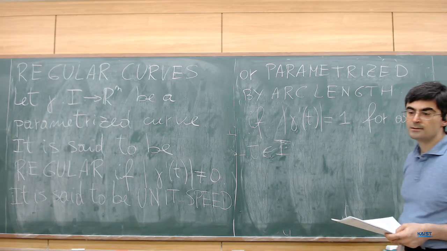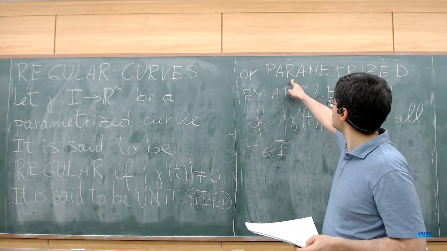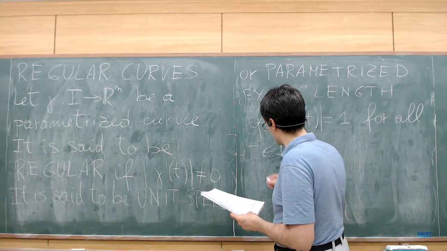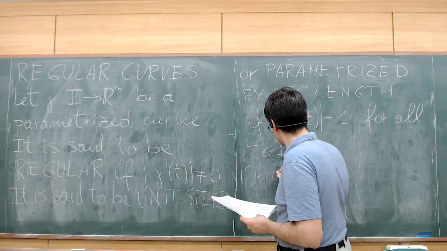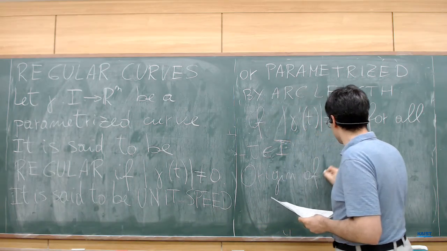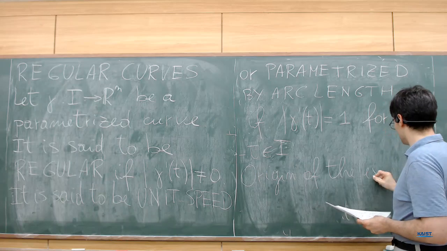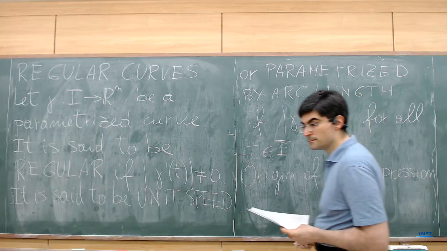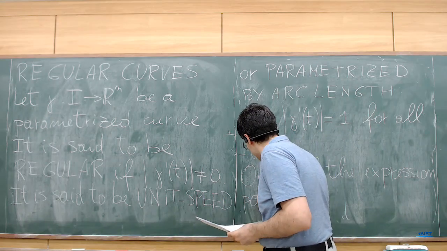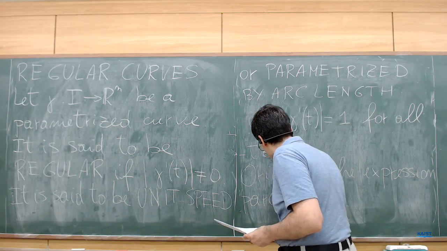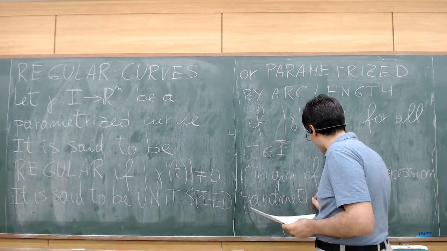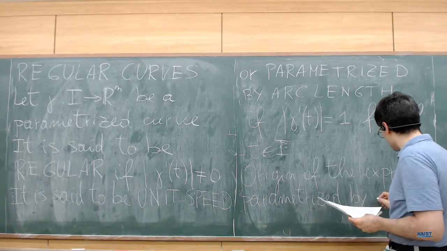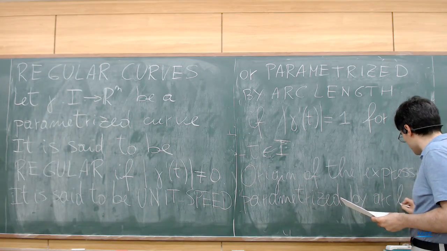Let's try to understand why we call these curves parameterized by arc length. So, the origin of the expression.